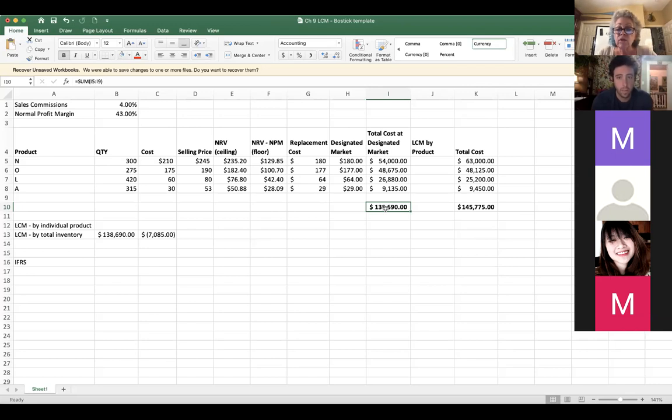Now let's take a look at individual product. So by individual product, instead of comparing in total, I want to compare at each individual item.